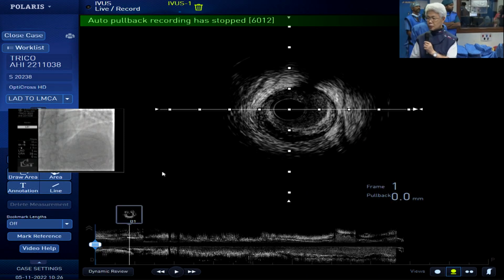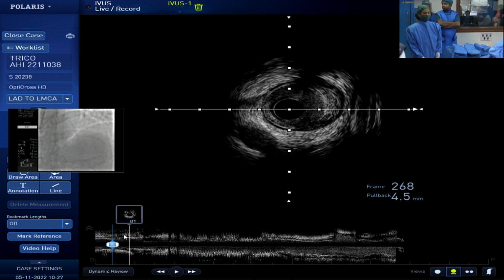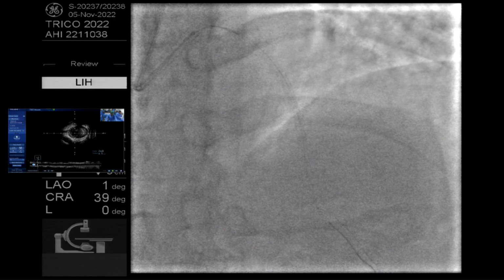So try to check the left main again. Yes. So, go to... And can I have another wire? Yeah, another run through, or different. Which wire? Any other wire? Do you have any other? Which one?